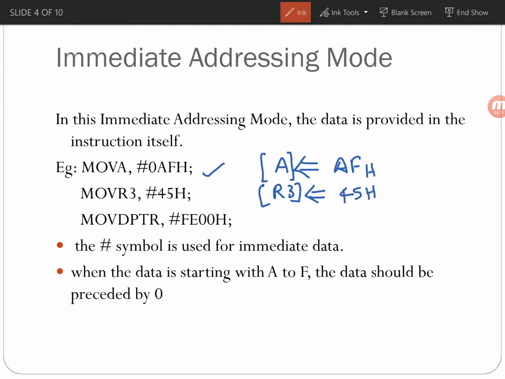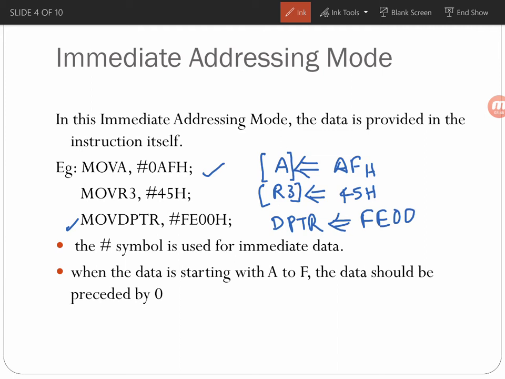The third example, MOV DPTR comma hash FE00H. Unlike A and R3, DPTR is a 16-bit register. So, the data is also 16-bit. After the execution, FE00 will be moved into the DPTR register.